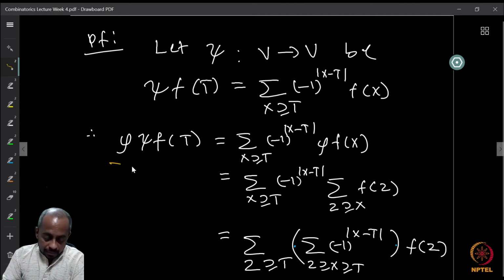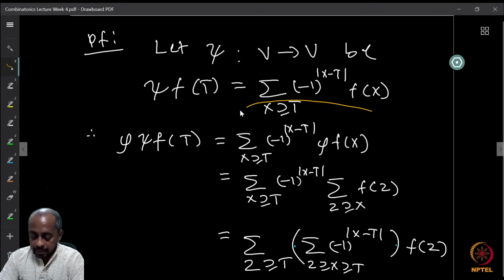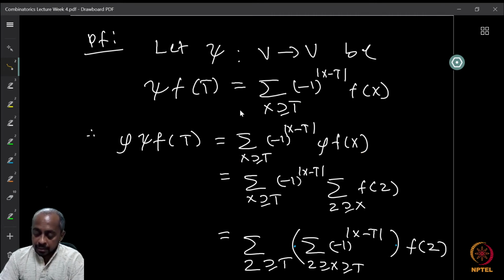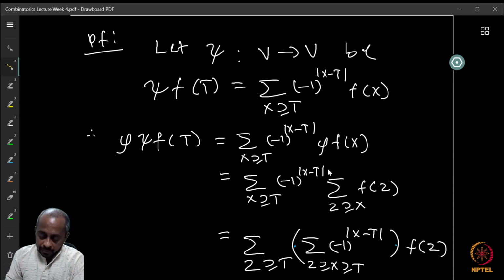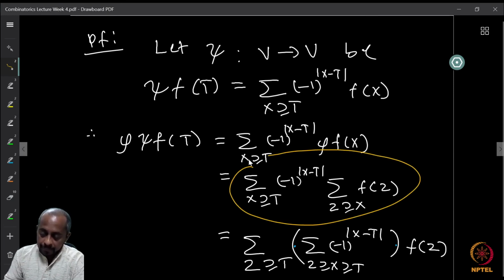By the definition, it is the summation over x containing t of minus 1 raised to mod x minus t times phi f of x. Now phi f of x is the summation over z containing x of f of z. So therefore, you get this double summation.